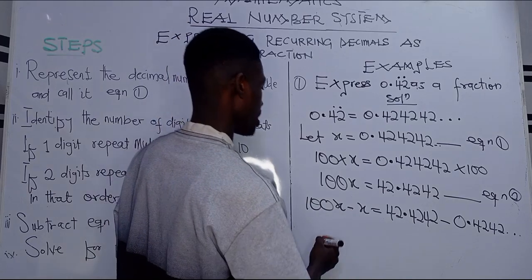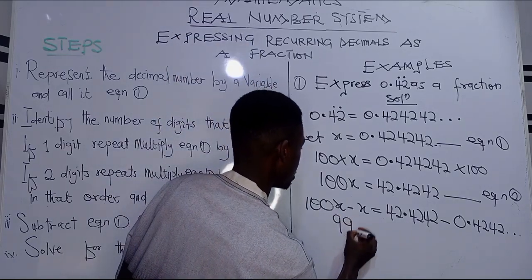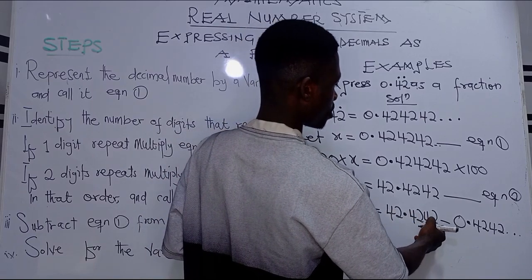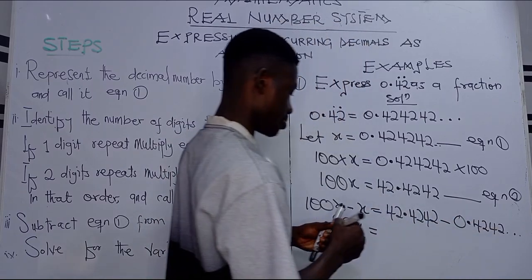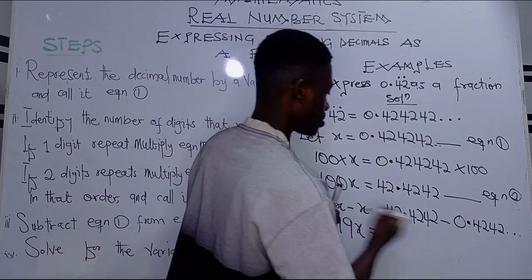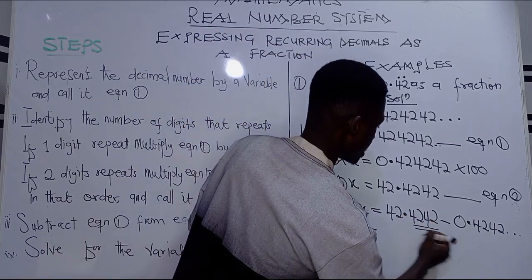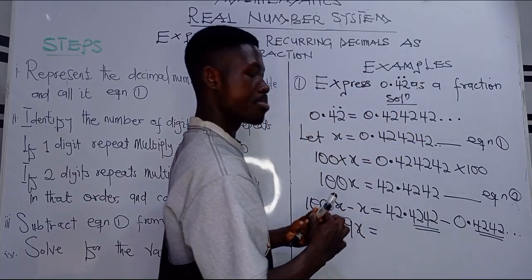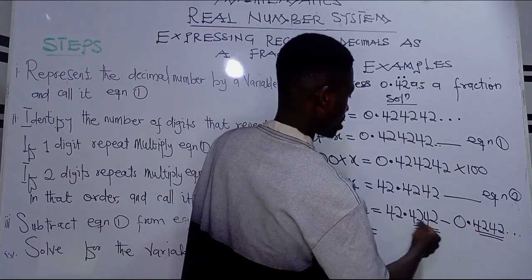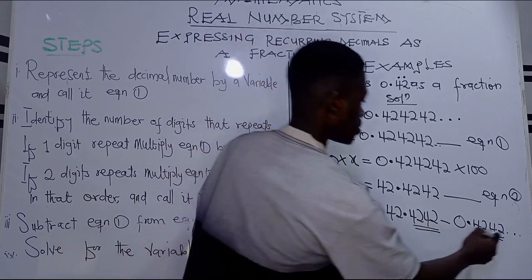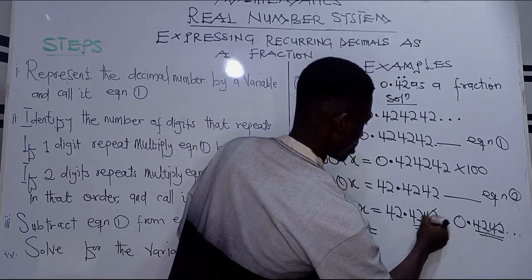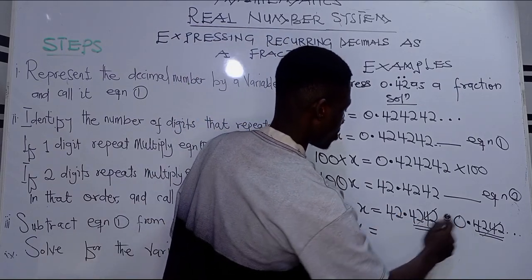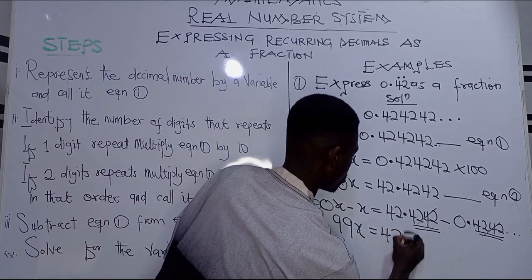So 100x minus x will give us 99x. And then 42.4242 minus 0.4242. Since those numbers behind the decimal point repeat infinitely, when you subtract them, they'll go to 0. So those numbers behind the decimal point will cancel, meaning they'll go to 0. Then you are left with 42 minus 0, giving you 42.